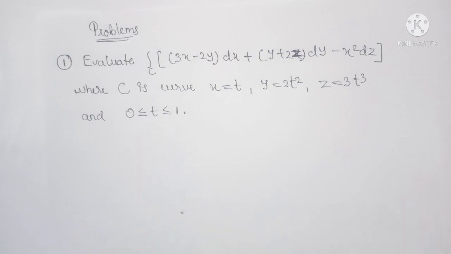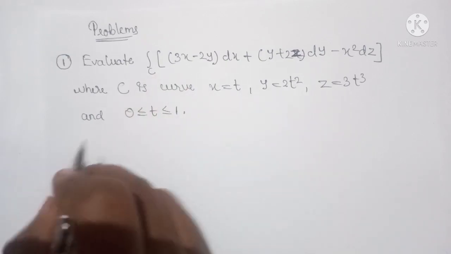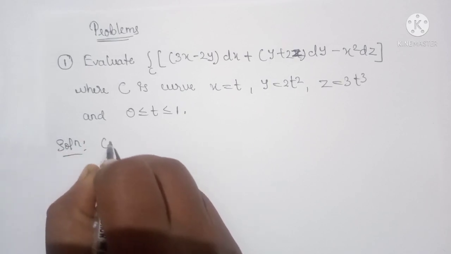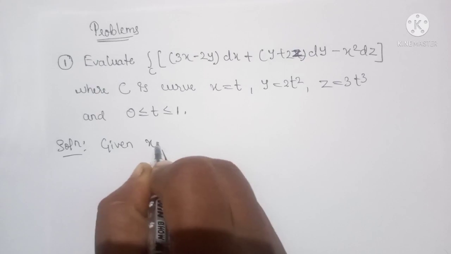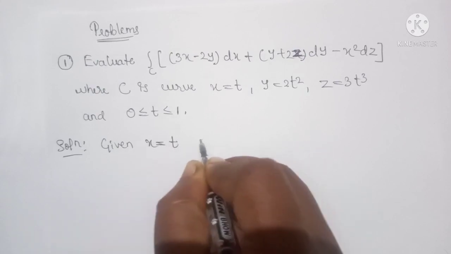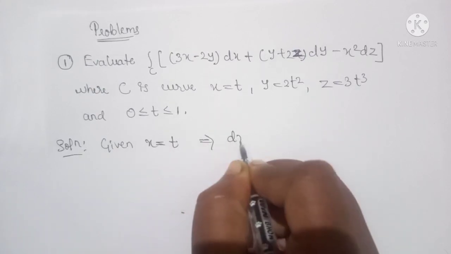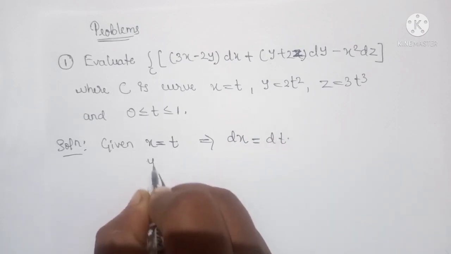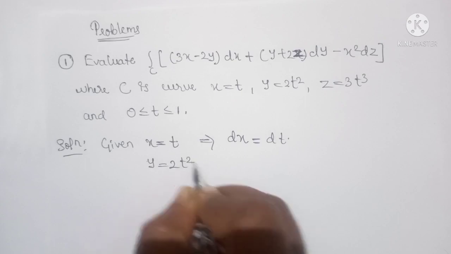Okay, so first let us start with the given things. Solution: given x equals t, which implies that differentiating this one we get dx equals dt, and y equals 2t square.